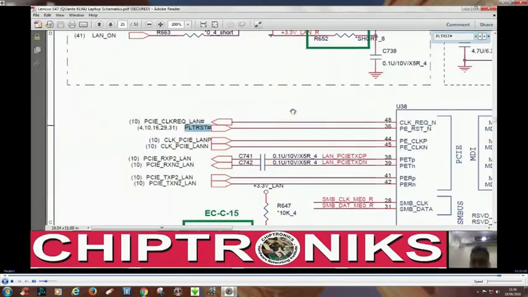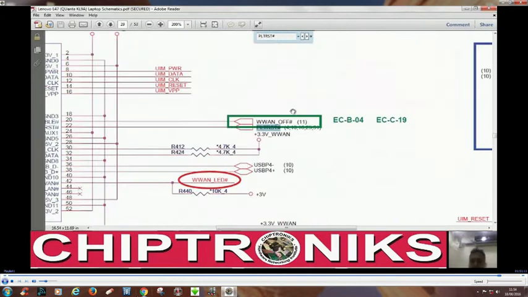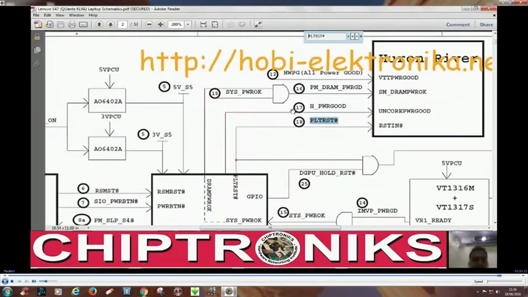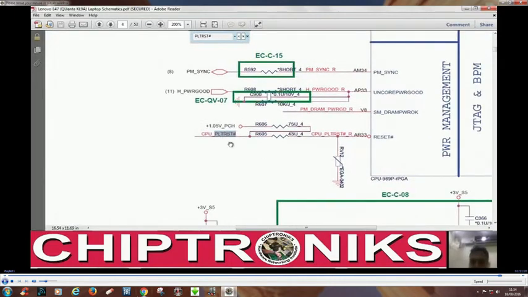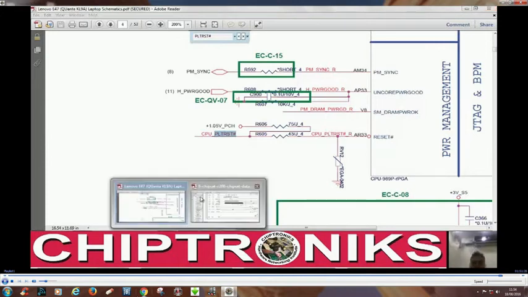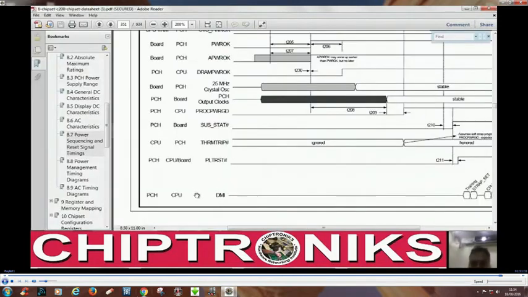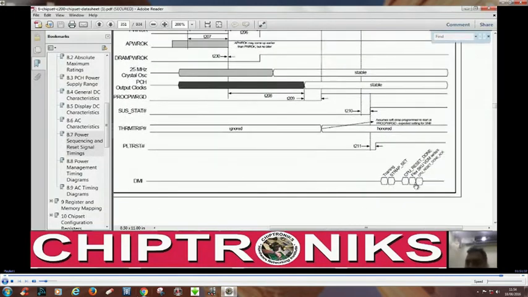This is going everywhere to reset the platform, and we have to check the CPU. You can see this PLT reset is connected with the reset pin of the processor, and hence the processor will reset, and now the PCH and the CPU will communicate via DMI, and via DMI they will exchange data.